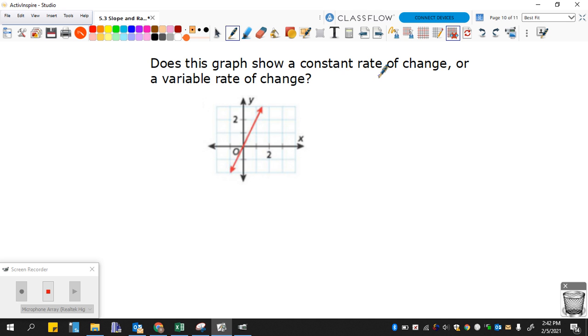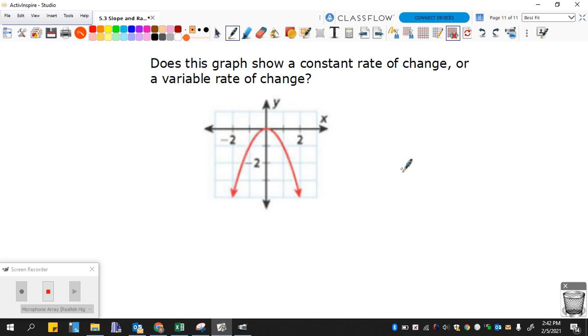So this is a constant rate of change, and it's what we would say a constant rate of increase because it's going up. And this is a variable rate of change, because it goes up, up, up, up until it gets to this point, and then all of a sudden it starts decreasing again. So it's a variable rate of change.